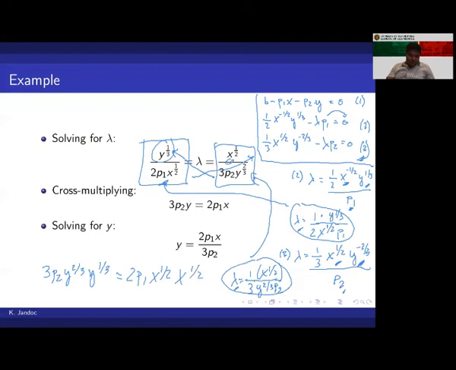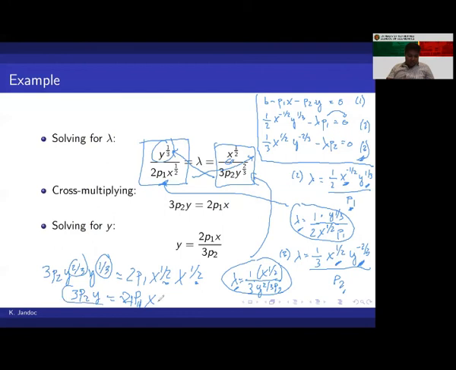Now notice that the exponents added are equal to 1, so this becomes 3p2y equal to 2p1x. The exponents sum to 1 because they have the same base, x^(1/2) plus 1/2, so it's x raised to 1.